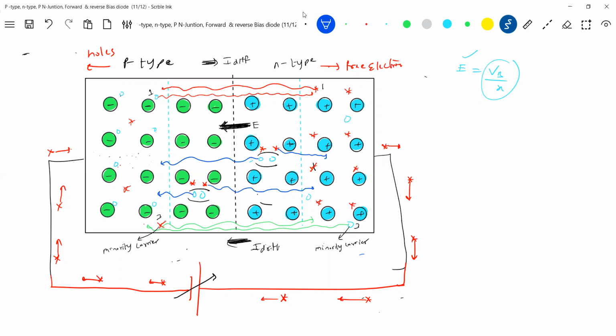Already there is a minority carrier, and this breaking up. So what is the minority carrier current? Both these carriers as well as this together are called the drift current. Don't think that only this is called the drift current. Due to the movement of the hole, all three together make the drift current. Even this hole will also contribute to the drift current.